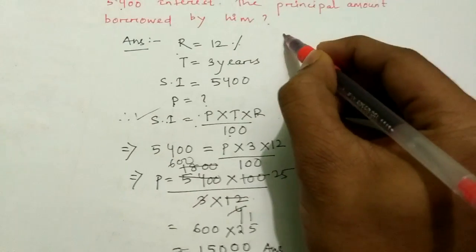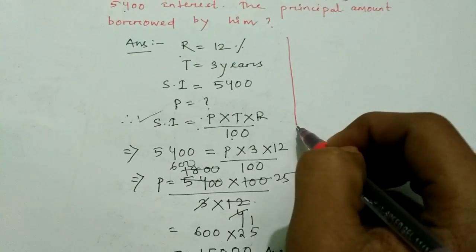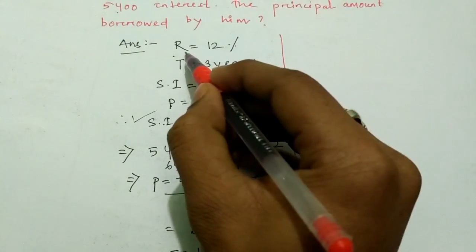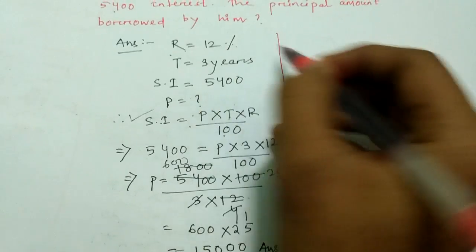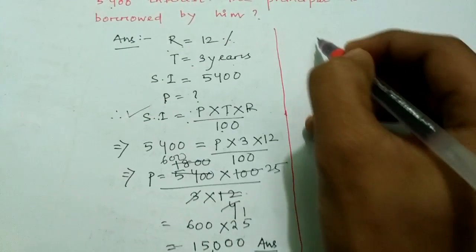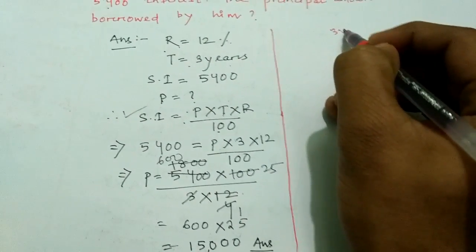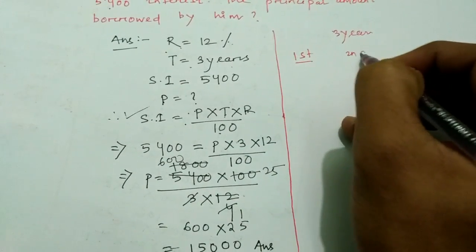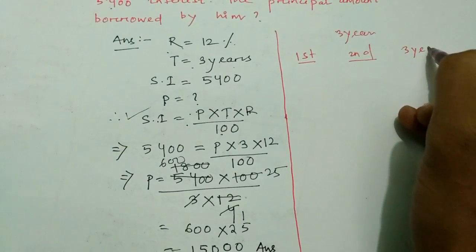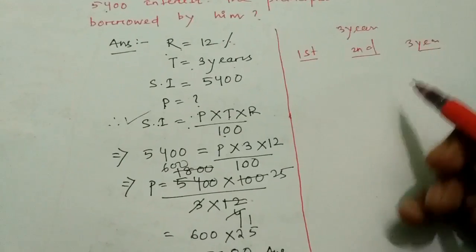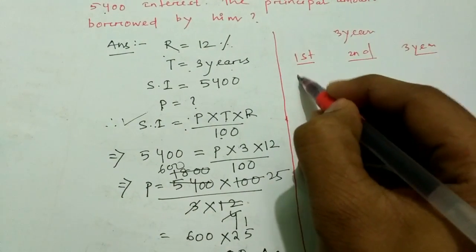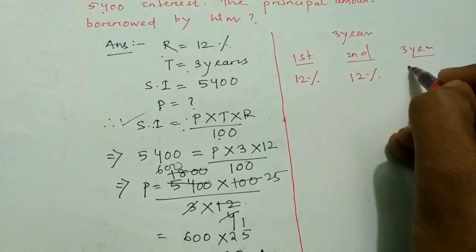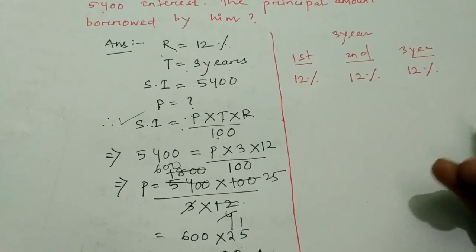So friends, here is the shortcut trick to answer this type of question. As we know, the rate of interest is 12% and time is 3 years. This is the first year, this is the second year, and this is the third year. And the rate of interest is given 12%. For the first year we have to pay 12%, for the second year 12%, and the third year the similar 12%.